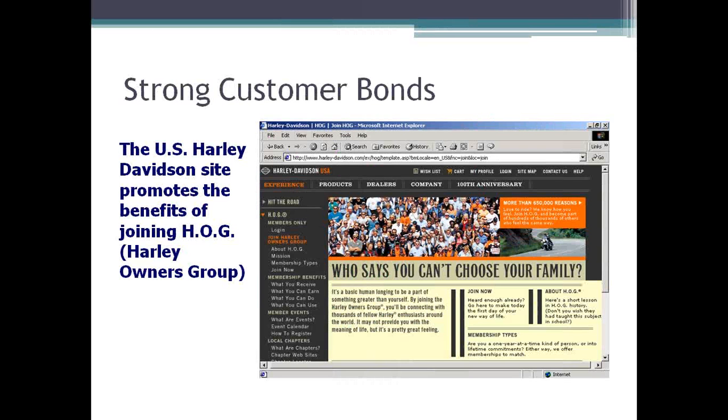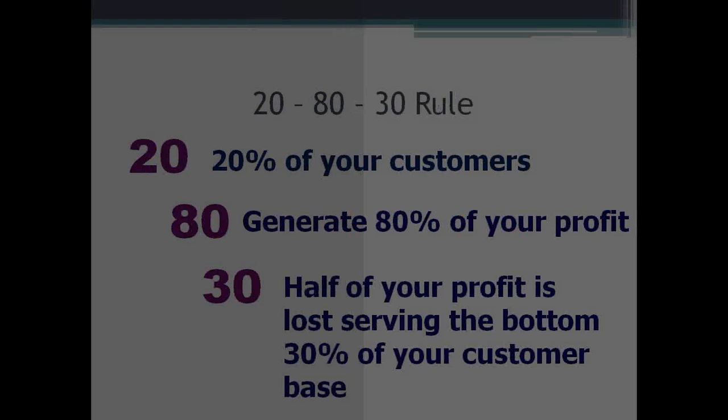HOG, the Harley Owners Group, has been around for dozens and dozens of years, and it promotes the benefits right on their website of being a part of their family as a way to interact with other Harley riders in a variety of aspects, not only in your location but throughout the world. Actually, this is something that's very simple to do, and many businesses don't capitalize on this as often as I think they should.